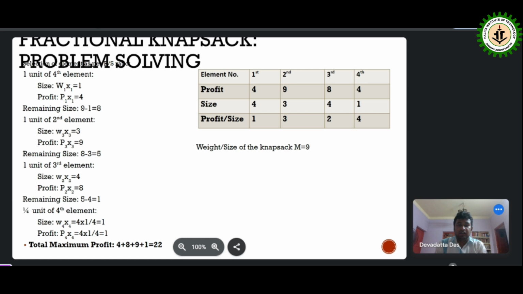So at first I found the ratio between the profit and size, and then I'm applying the formula for 1 unit of fourth element, 1 unit of second element, then third, and then fourth.